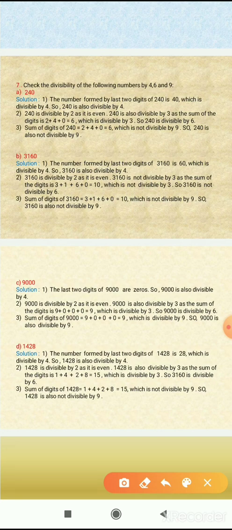So 9000 is also divisible by 9. So see student, 9000 is divisible by 2, 4, 3, 6 and 9.